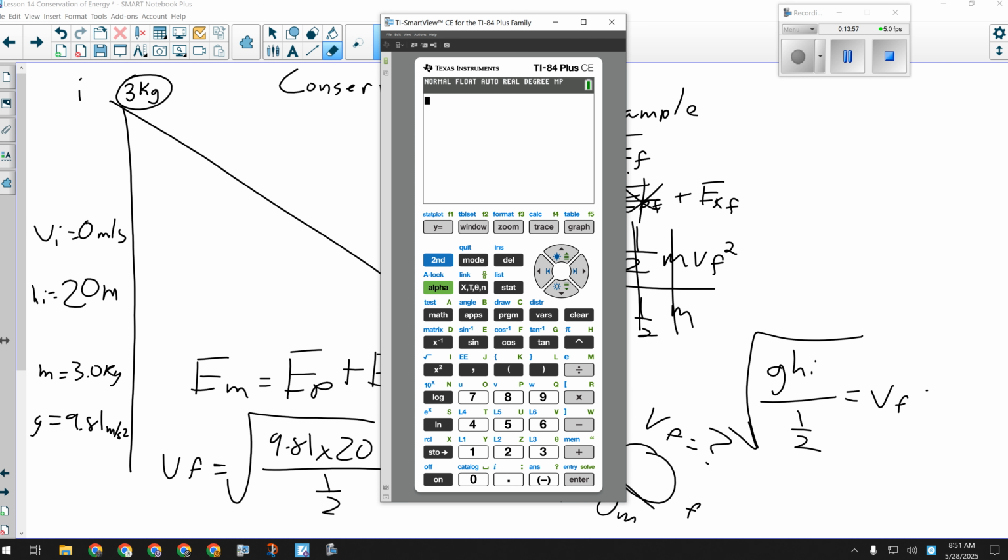So 9.81 times 20 divided by 1/2, square rooted. At the bottom of the hill, it'll be going 19.8 meters per second.